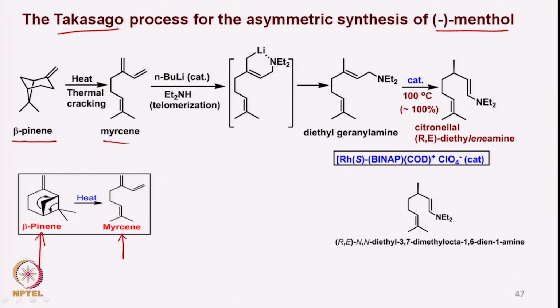This is what the myrcene is. So you start with beta pinene and heat it and get the myrcene, and when butyl lithium is used along with diethylamine it stops at this particular stage. It does not undergo further polymerization or oligomerization, it stops at this particular place.